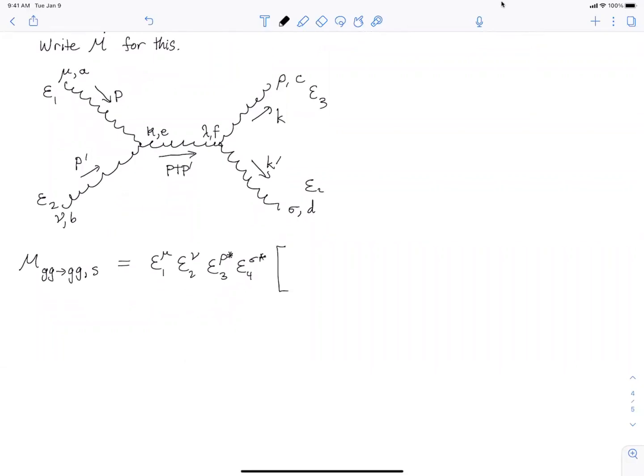Okay, and then I need to write down the factor for this vertex. So if you go back and look at the Feynman rules, that factor was minus g. There's a structure constant factor. And then there's a bunch of metrics and momenta.